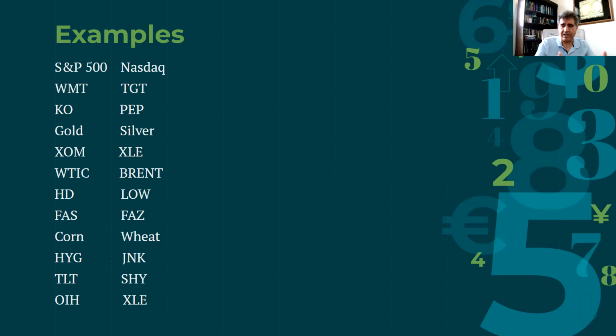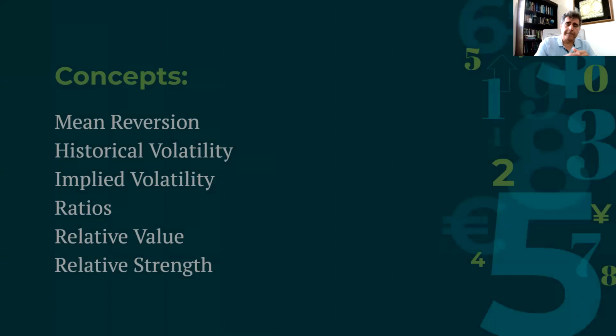And of course, OIH and XLE as well, oil services and energy. So there are just many of them. I just wanted to give you a little introduction, knowing how many options you have, and that you can literally choose underlying assets.